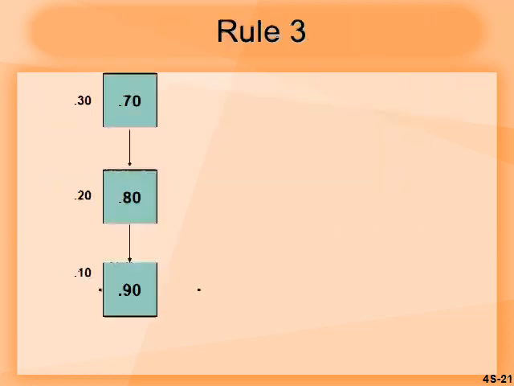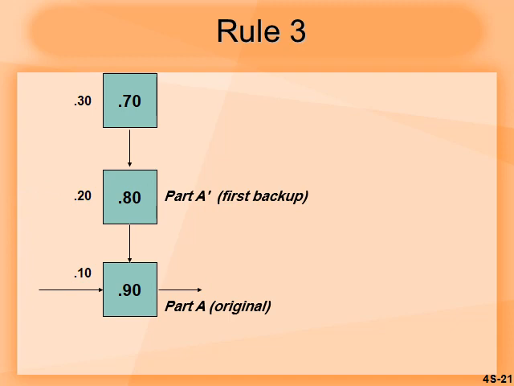Put the given where it must be located and calculate the complementary probabilities. In the given example, we have three parts, one original, a first backup and a second backup, A prime and A double prime. Their success probabilities are assigned.